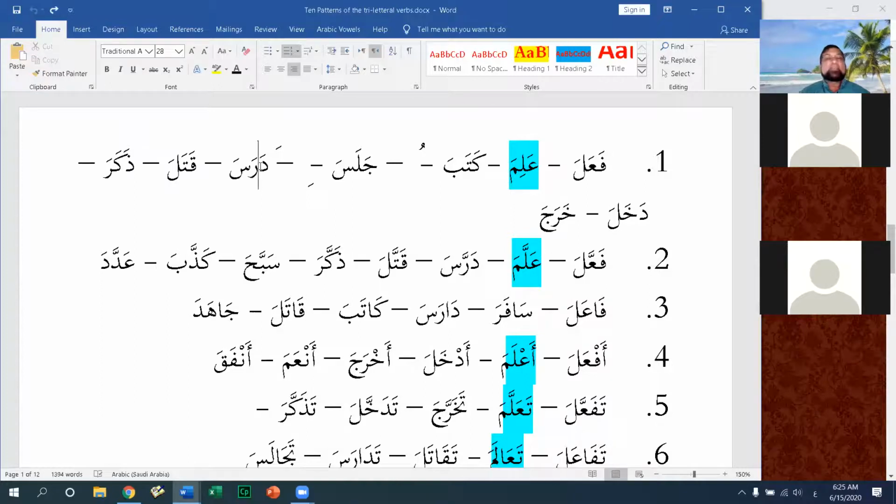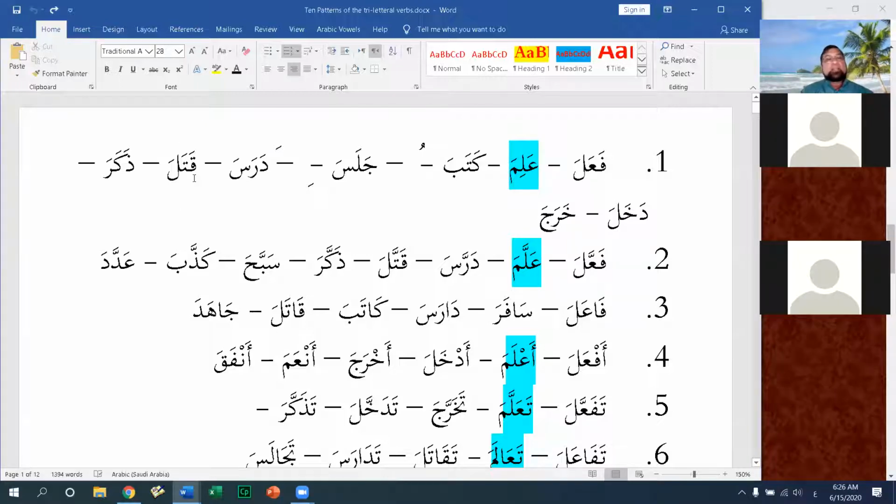Go ahead. Darasa. Darasa is al-fi'lu, and al-fa'il is darisun, and al-maf'ulu bihi madrusun. Qatala is al-fi'lu, qatilun is al-fa'ilu, al-maqtulu is al-maf'ulu bihi. قتل، القاتل، المقتول.